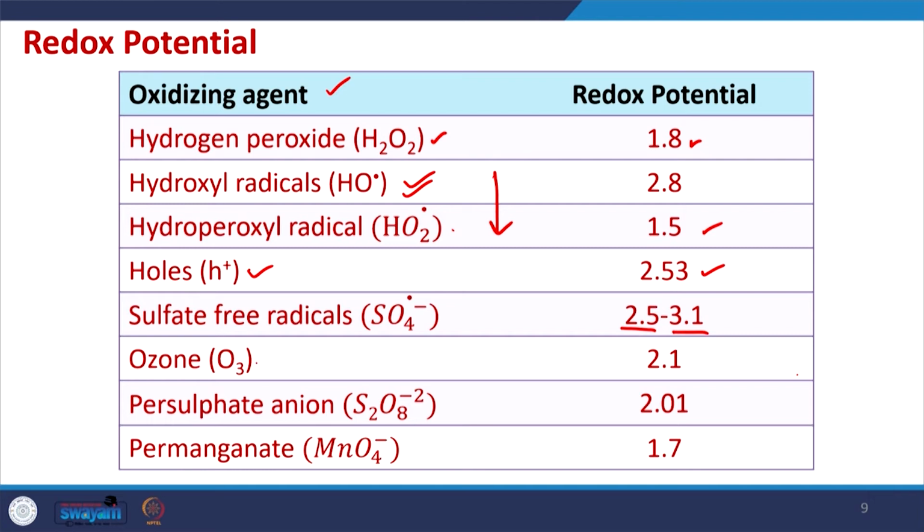Similarly, ozone has very high redox potential, so that is why in many places ozone treatment of water is done. 2.1 is its redox potential. Persulfate ion and permanganate ion also have good redox potential and they are capable of oxidizing most of the organic compounds themselves.